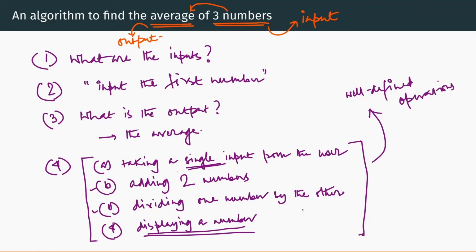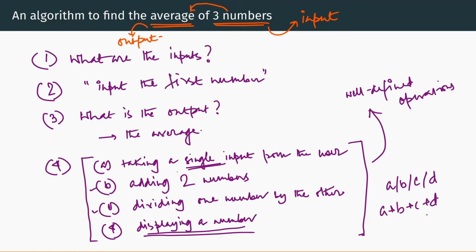You can keep dividing. You can divide a divided by b divided by c divided by d. Internally, what happens is you first divide a by b, then you divide the result by c, and then you divide the result by d. If you add numbers like a plus b plus c plus d, you can do that.